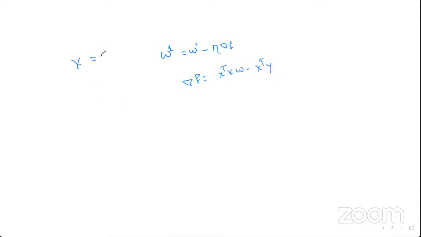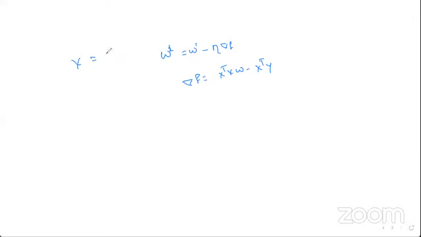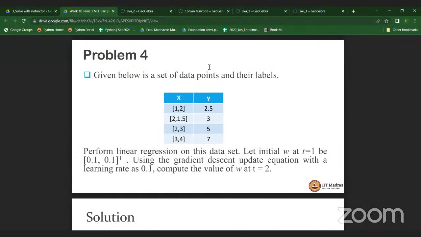We have X from what was given: 1 2, 2 1.5, 2 3, 3 4. And the y values are 2.5, 3, 5, 7.